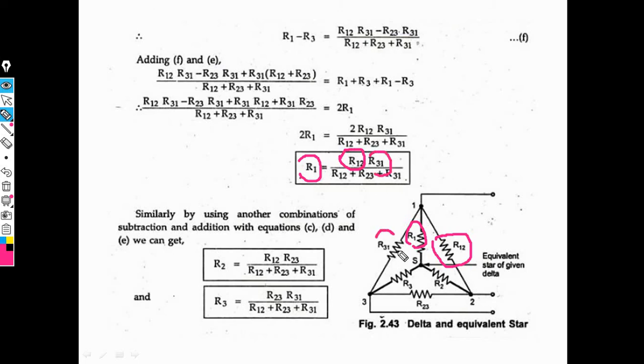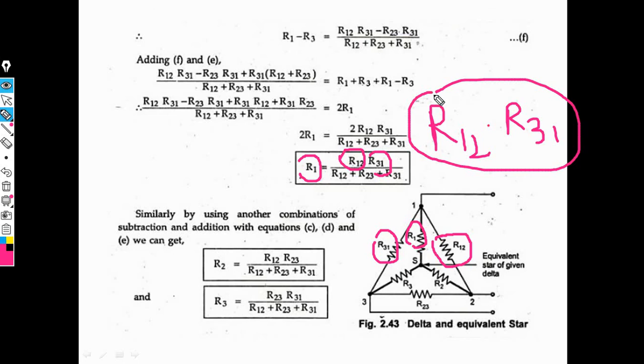Now here R1 is parallel to R12 and R31. Both are connected in series, that is R12 and R31. Both are connected in series but parallel to the R1. That is parallel to the R1.